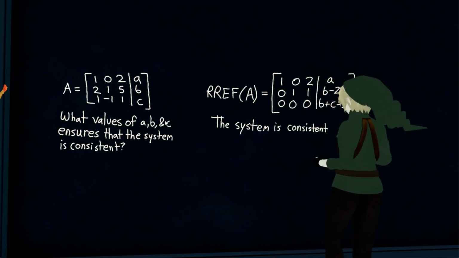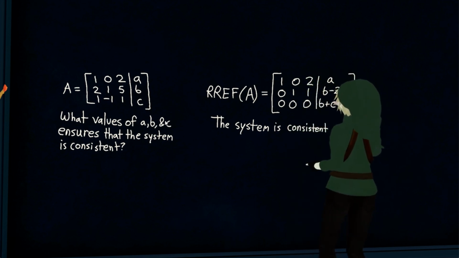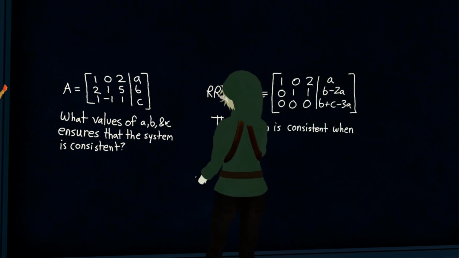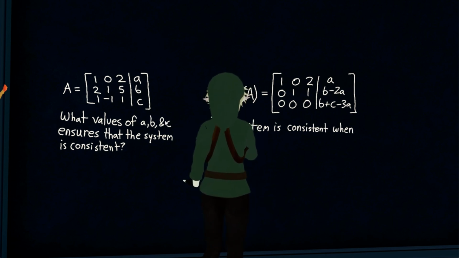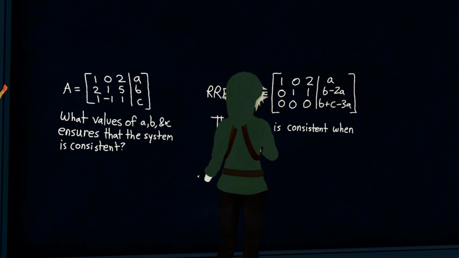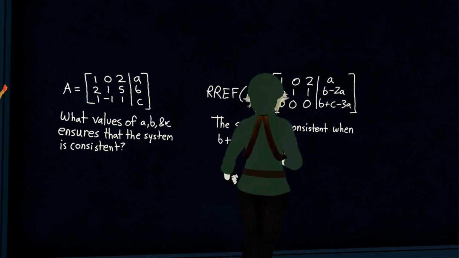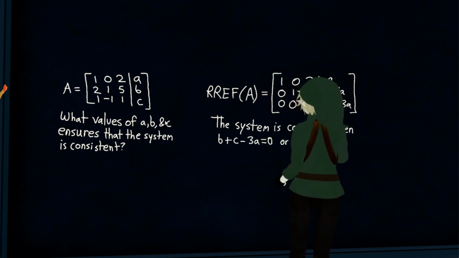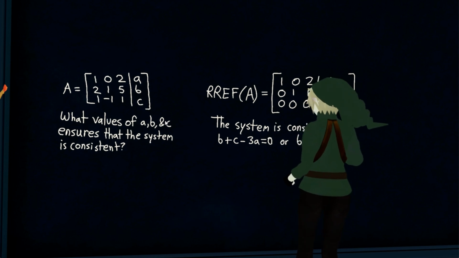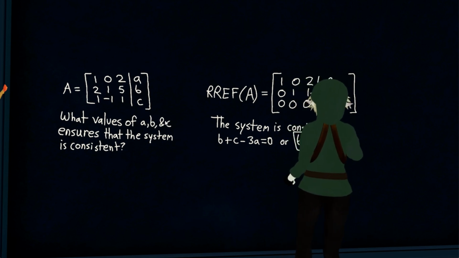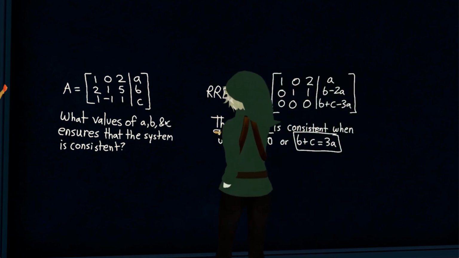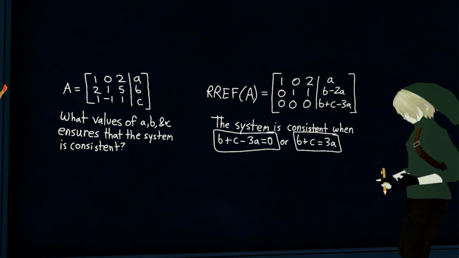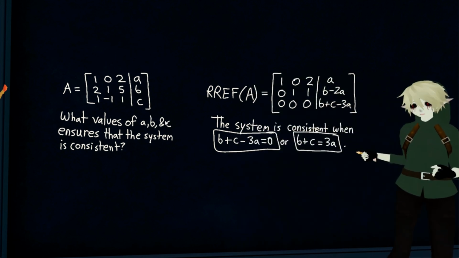The system is consistent when B plus C minus 3A equals 0. Or B plus C equals 3A. This or this, they're both acceptable answers.